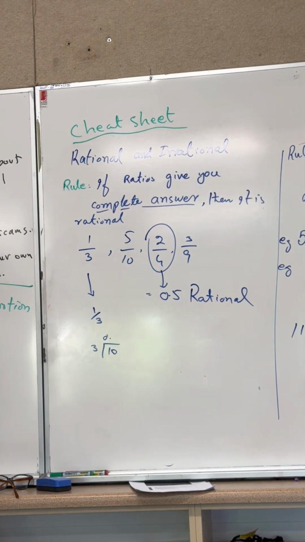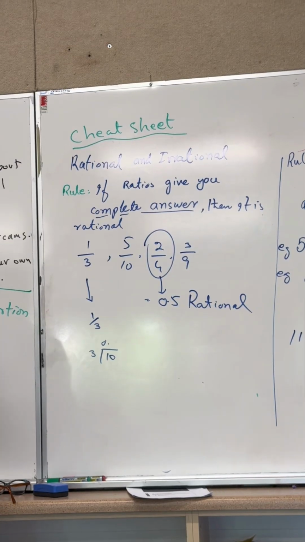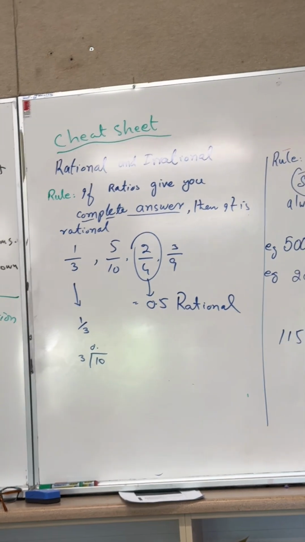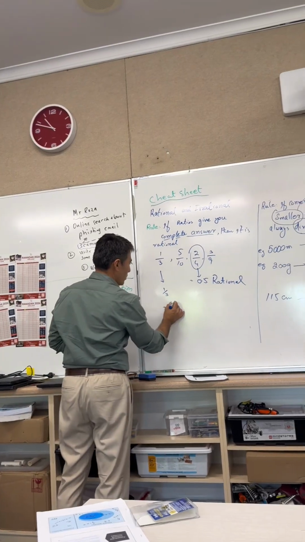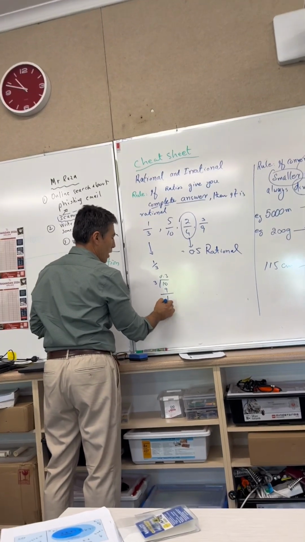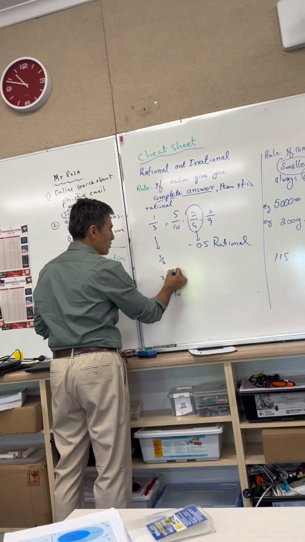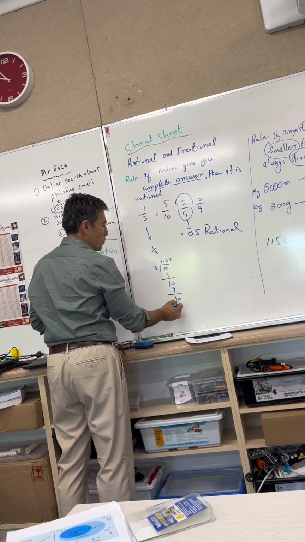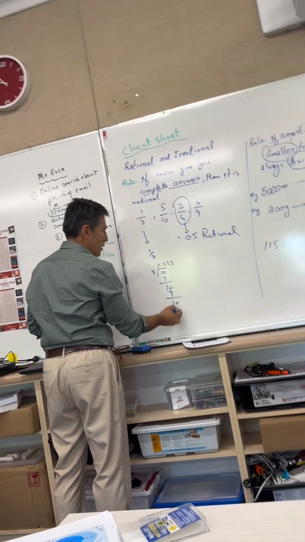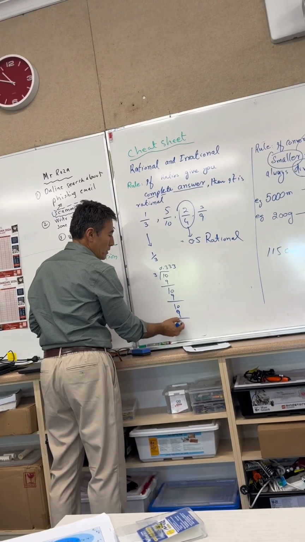Now it is 10. Read your 3 timetables up to 10 or closer to 10. 3 3s are 9, 1 left, another 0, 3 3s are 9, 1 left, introduce another 0, 3 3s are 9.